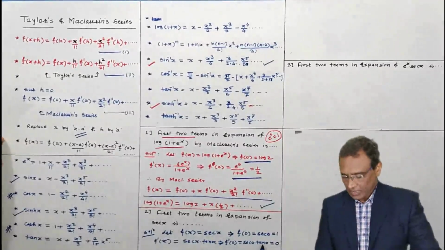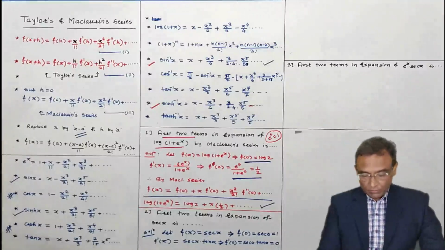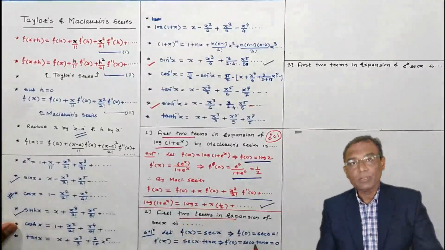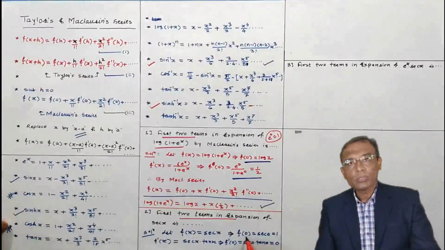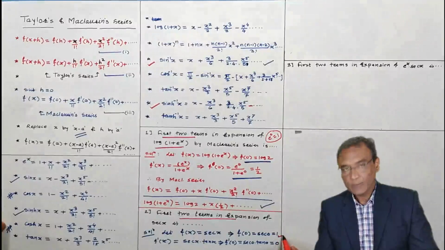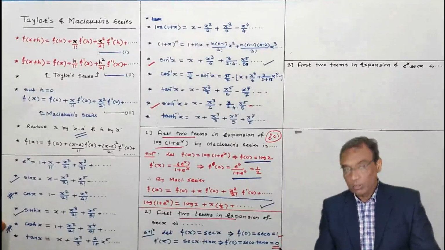Sec 0 is 1, but tan 0 is 0, and 0 multiplied by 1 is 0. I want the first two terms of the expansion, but what did I tell you? We want two non-zero f values. F of 0 is 1, which is a non-zero value, accepted, but f dash of 0 is 0.